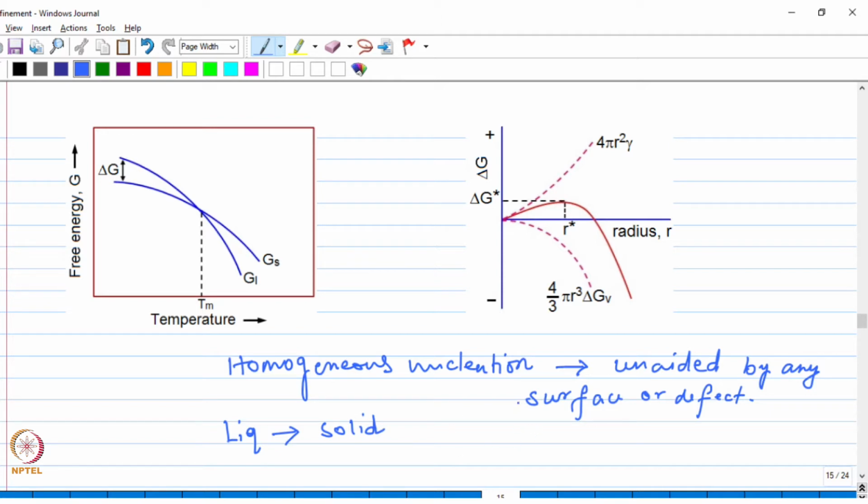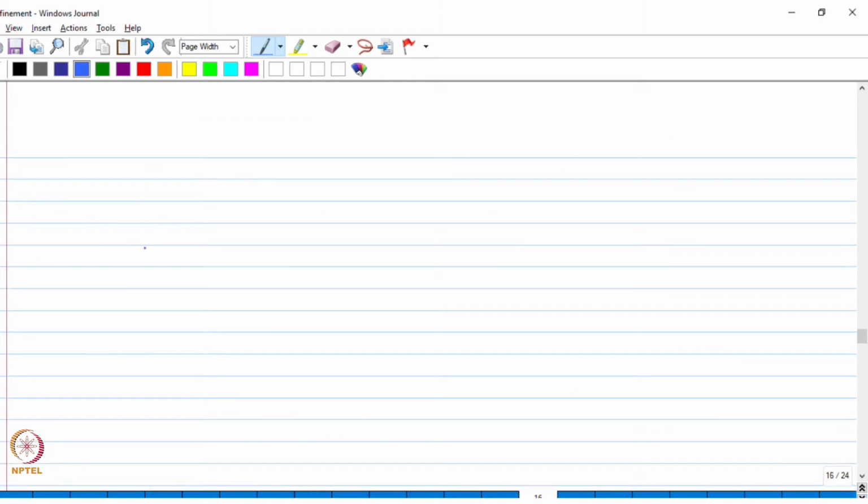So in case of homogeneous nucleation, it will occur in the parent phase without the aid of any surface or defect, as I said. So let's say this is the first solid particle which has formed from the liquid.